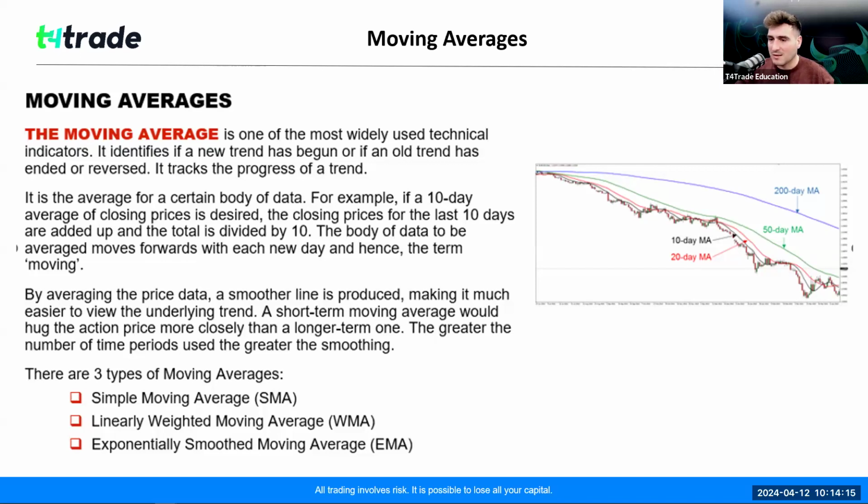The body of data to be averaged moves forward with each new day, and hence the term moving. So you have 10 periods, you add all those closing values together, you divide them by 10, and you get a number. As you progress through time, you add a fresh day to your 10-day moving average and you subtract the now 11th day, so you still get a sample period of 10 days.